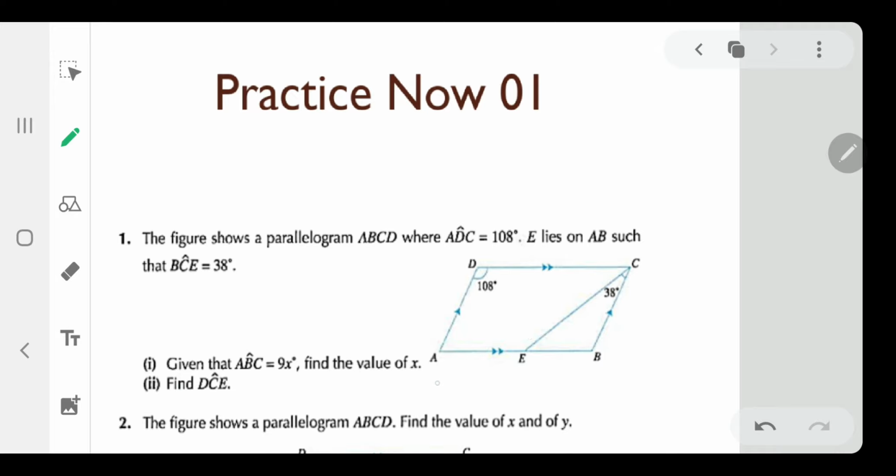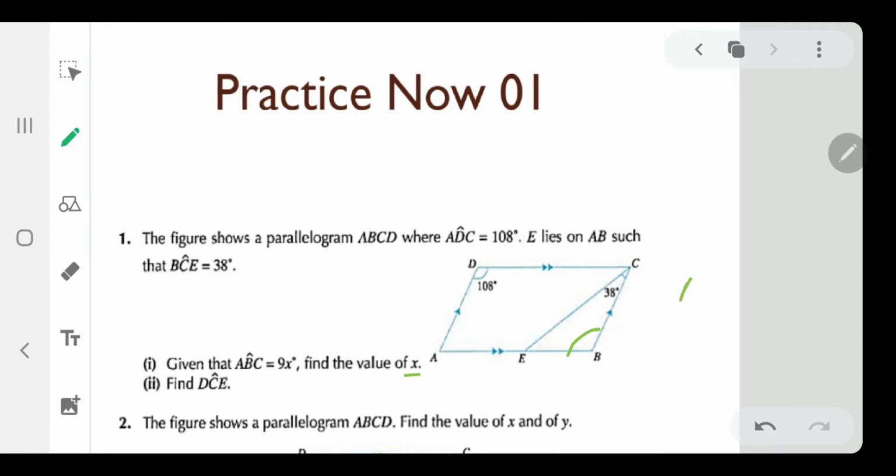So we have to find out the value of x here. And we are given that ABC is equal to 9x. So the value of this angle is 9x.